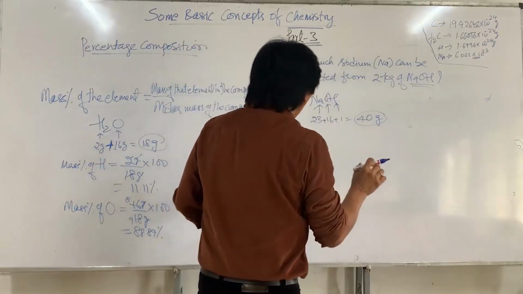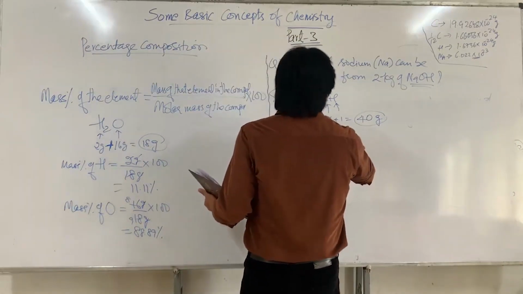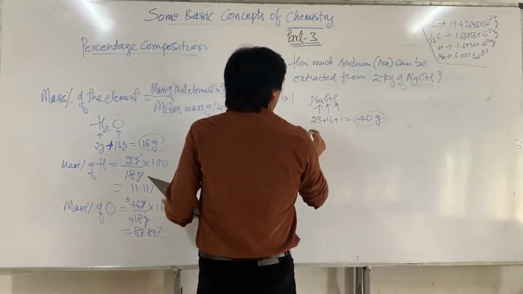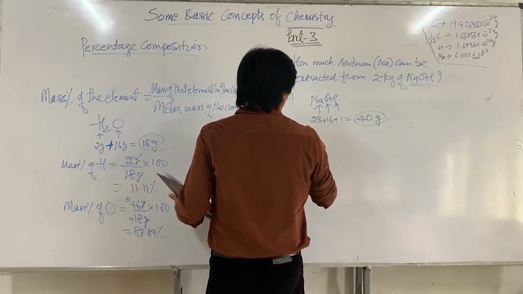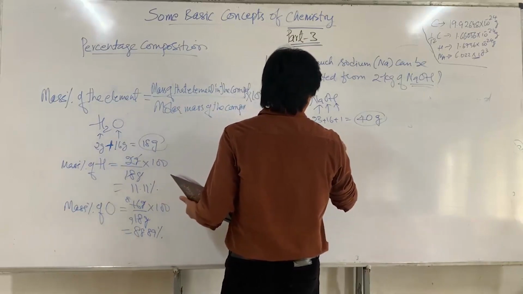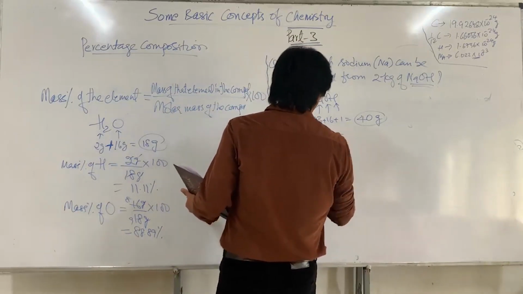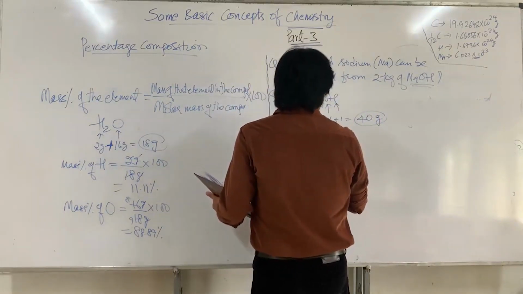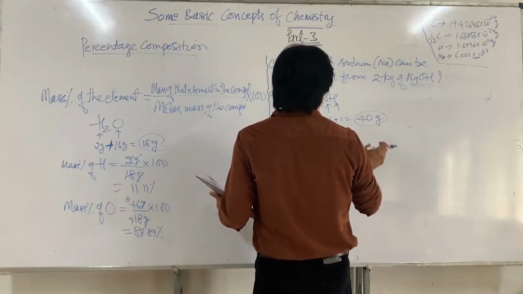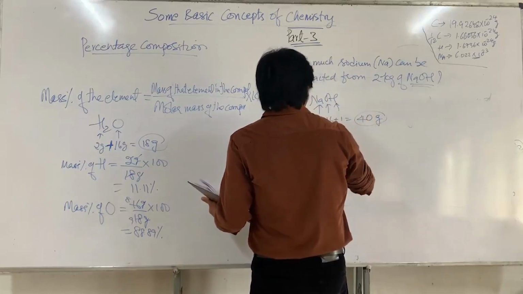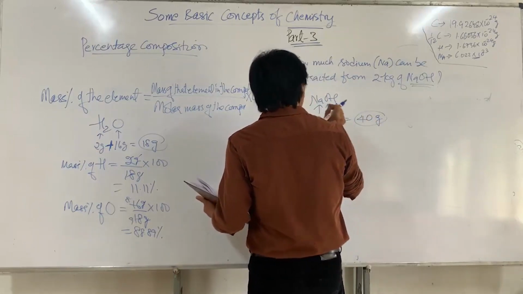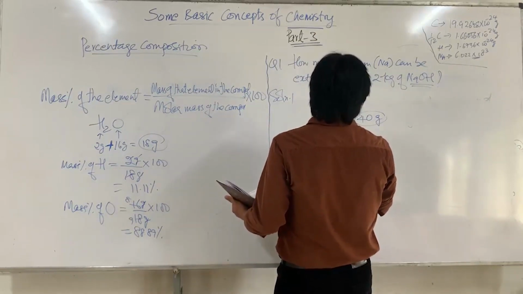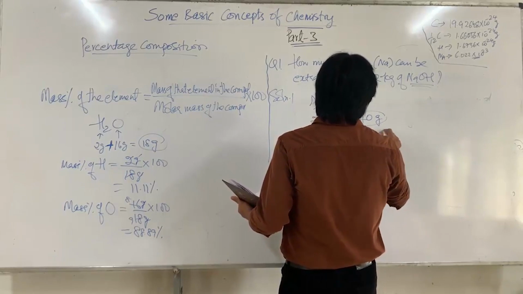Now, when you have sodium hydroxide, the mass percent of sodium in sodium hydroxide is in terms of 100. So when you have 100 grams of this, the mass percentage of sodium alone is 23 divided by 40 into 100.